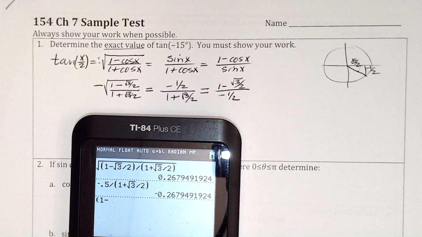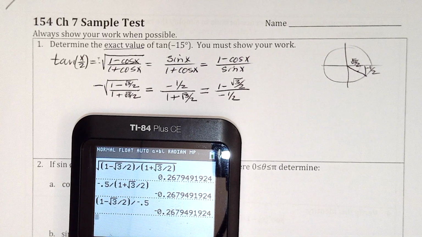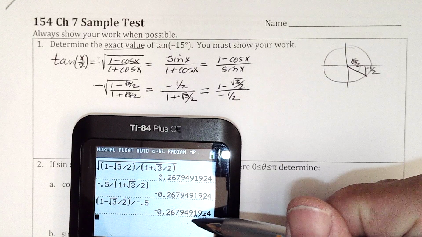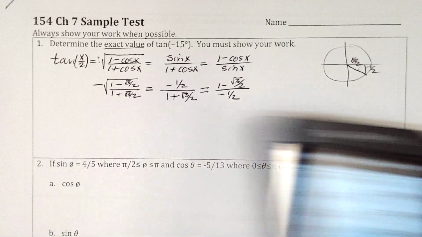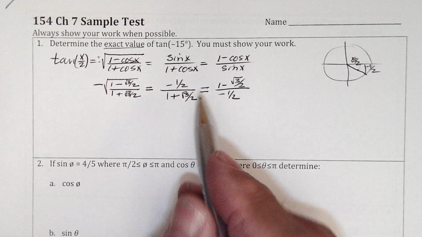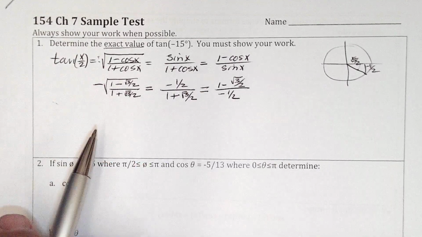Parenthesis 1 minus the square root of 3 divided by 2, that's the numerator, divided by negative 0.5, and we also get the negative 0.2679. So those are all the same.